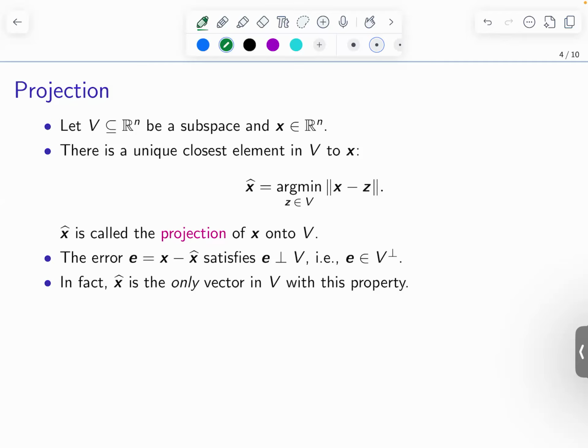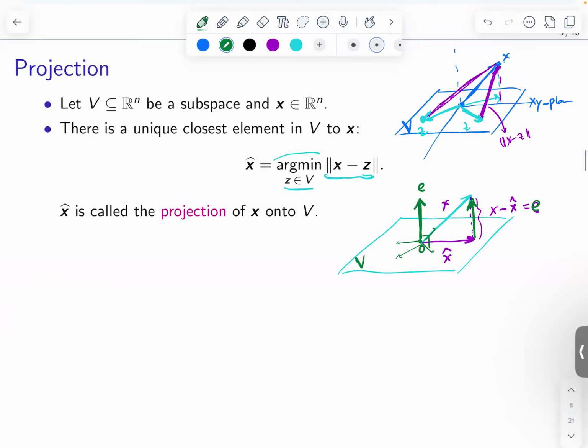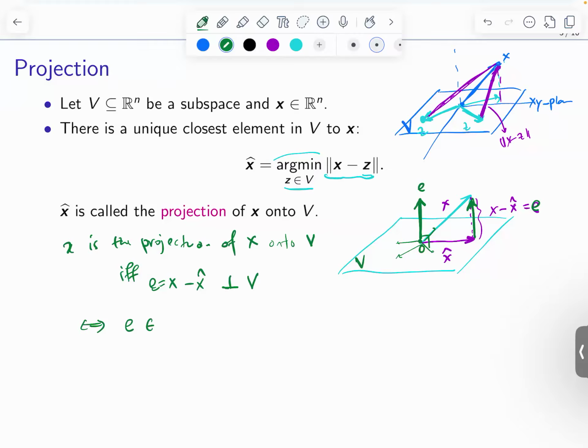So the error, x minus x hat, satisfies e is perpendicular to v. So let me write it here. x hat is the projection of x onto V if and only if x minus x hat is orthogonal to V. Or if you remember what orthogonal complement means, e should belong to V perp.